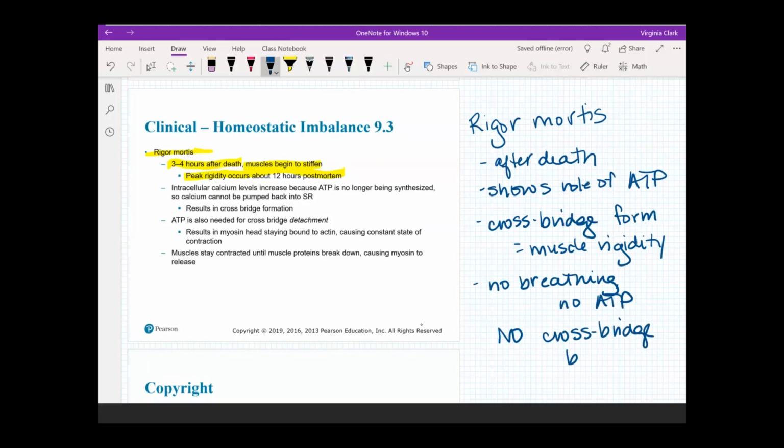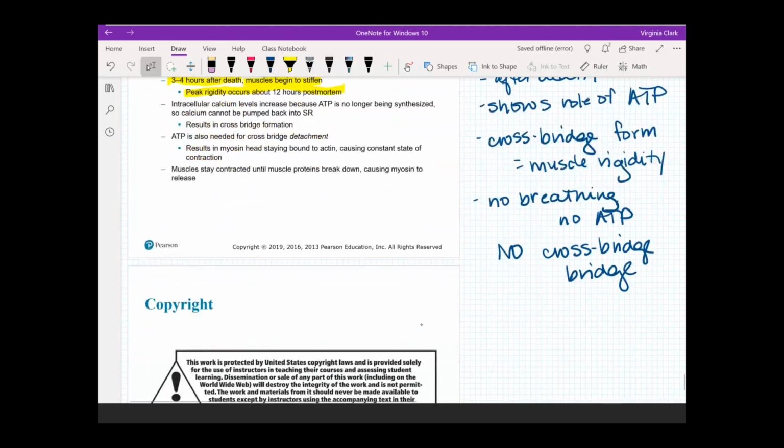So if you do not ever break the cross bridge, you are left with the actin connected to your myosin, and there is no break. That is where you get this rigidity, because you need ATP for cross bridge detachment. So if you do not have that, you are going to have myosin staying connected to actin, causing a constant state of contraction.